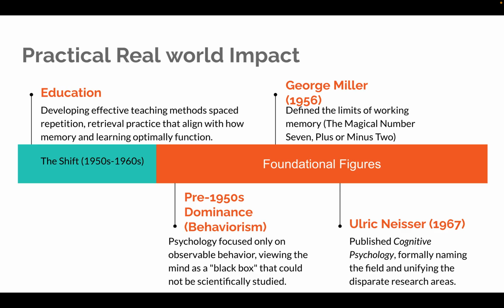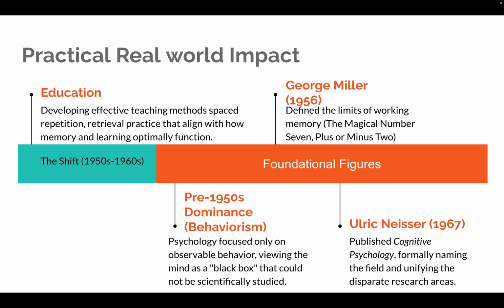I also decided to add, excuse me if I butcher his name, Ulrich Neisser in 1967. He published Cognitive Psychology, basically formally naming the field and unifying the disparate research areas.